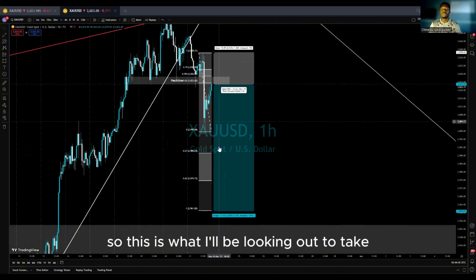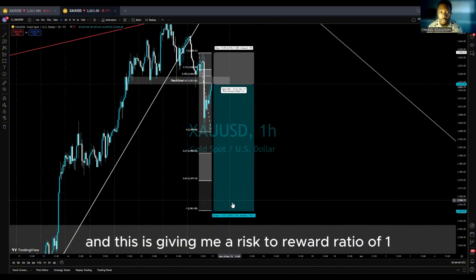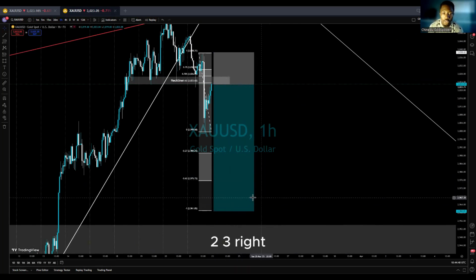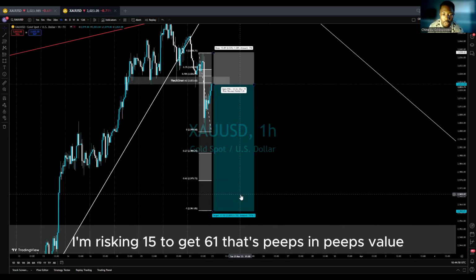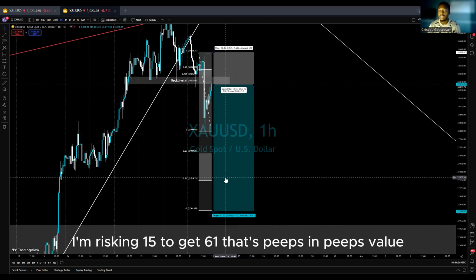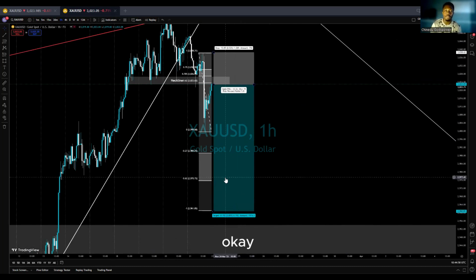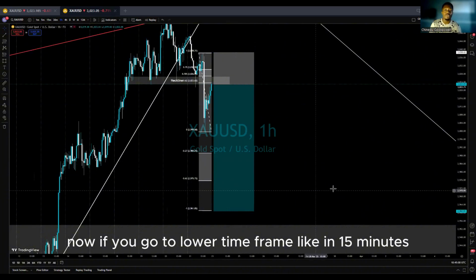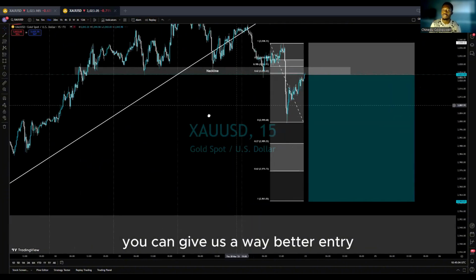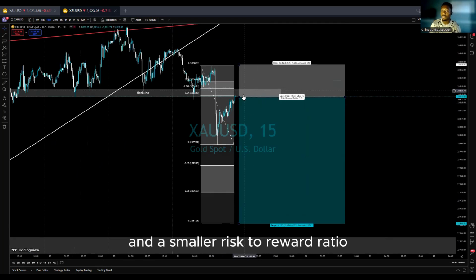So this is what I'll be looking at to take, and this is giving me a risk to reward ratio of 1 to 3, right? I'm risking 15 to get 61. That's pips value. Okay, now if we go to a lower time frame like the 15 minutes, it can give us a way better entry and a smaller risk for a bigger reward ratio.